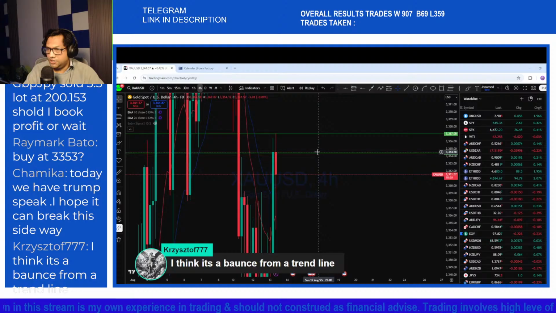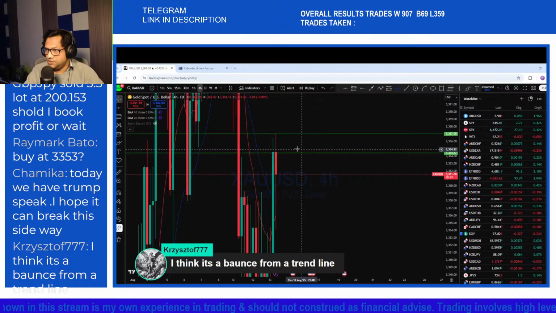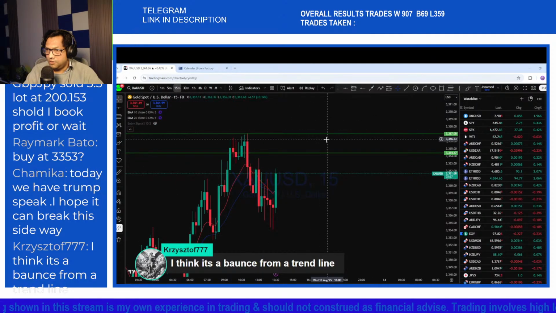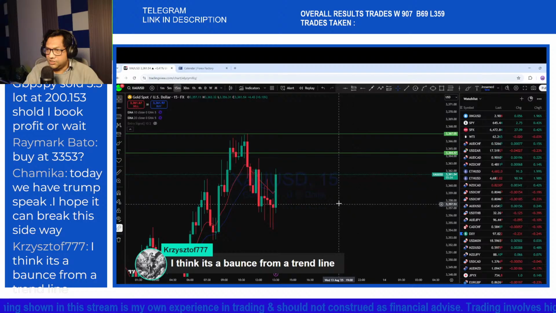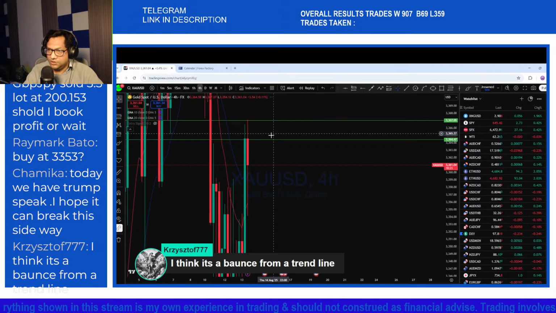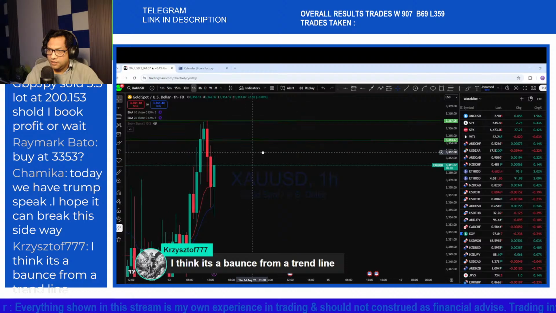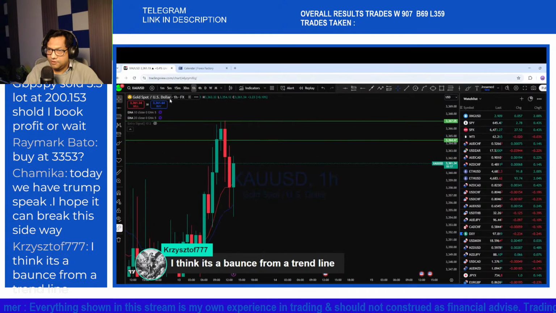Once the market reaches that 3364, which is the 4-hour resistance, from that level I'm expecting it to return back again in this direction.